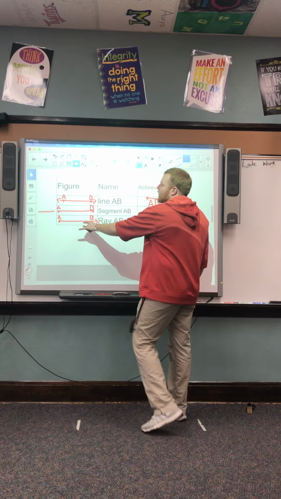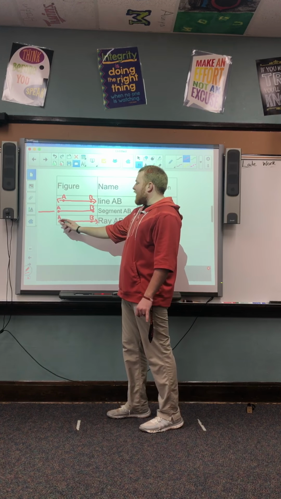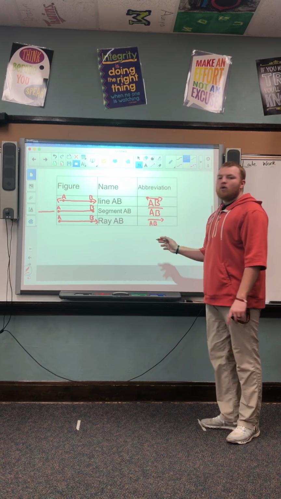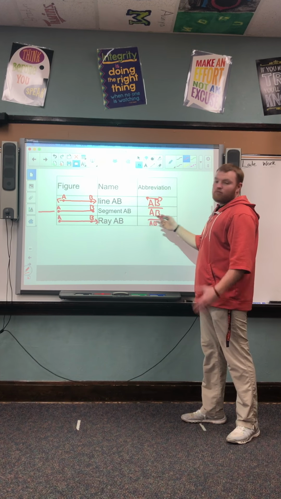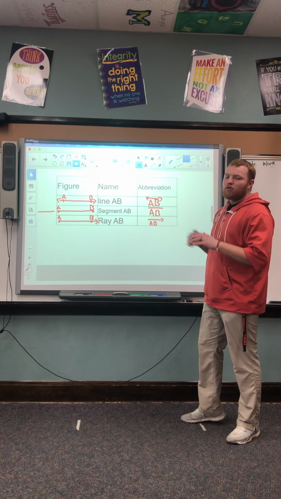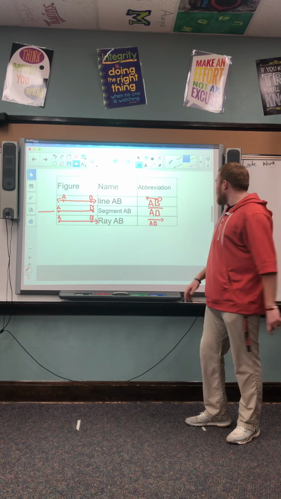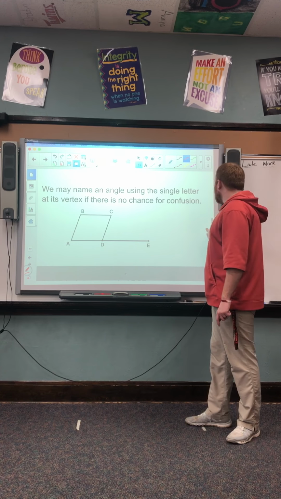We would classify this figure as ray AB because those are the two points on the ray. To show that it's a ray, the abbreviation would be AB with a ray symbol above the two points. Just a lowdown on some abbreviating that we can do.